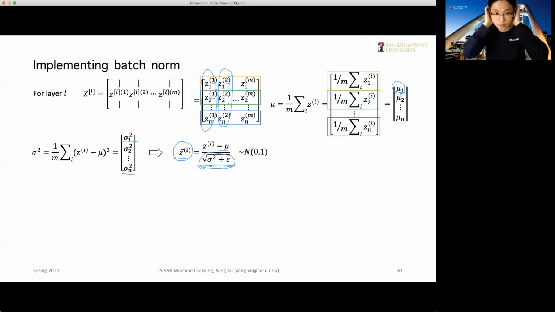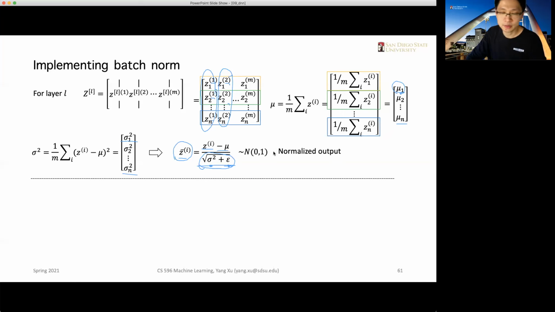Not exactly between 0 and 1, but it's almost a normal distribution with 0 as the mean and 1 as the standard deviation. So this is the so-called normalized output.